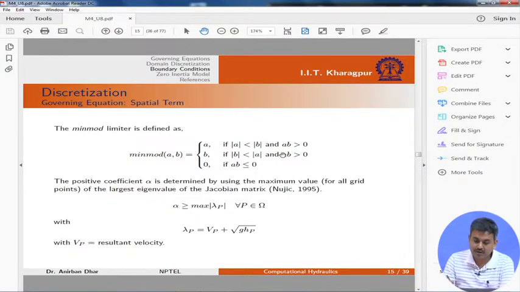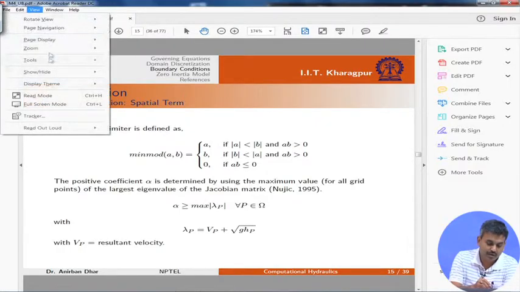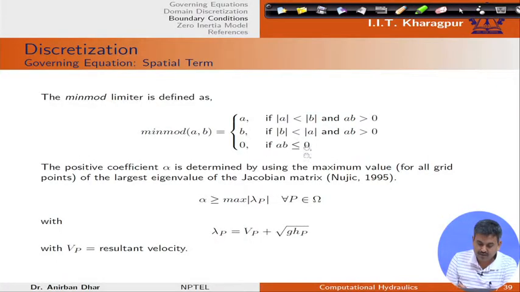As per our minmod calculations, we have this a value. If modulus of a is less than modulus of b, and ab greater than 0, then it is a.